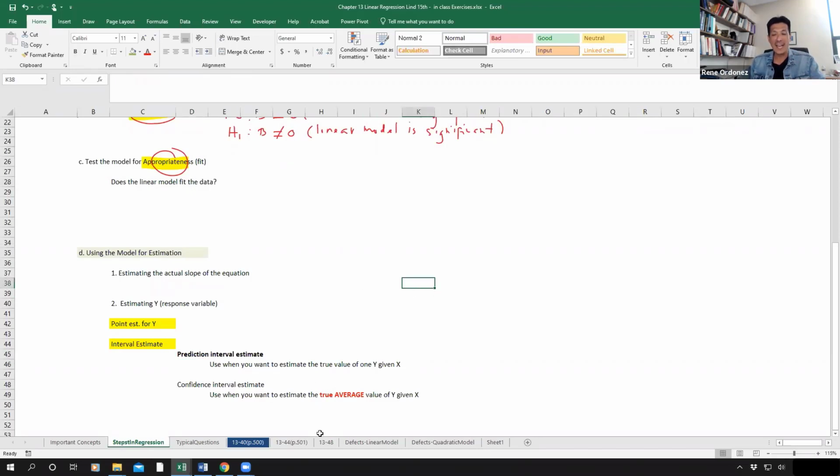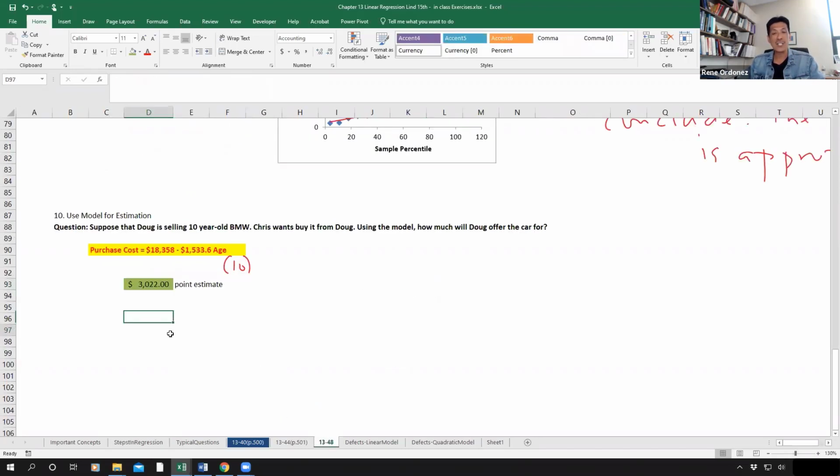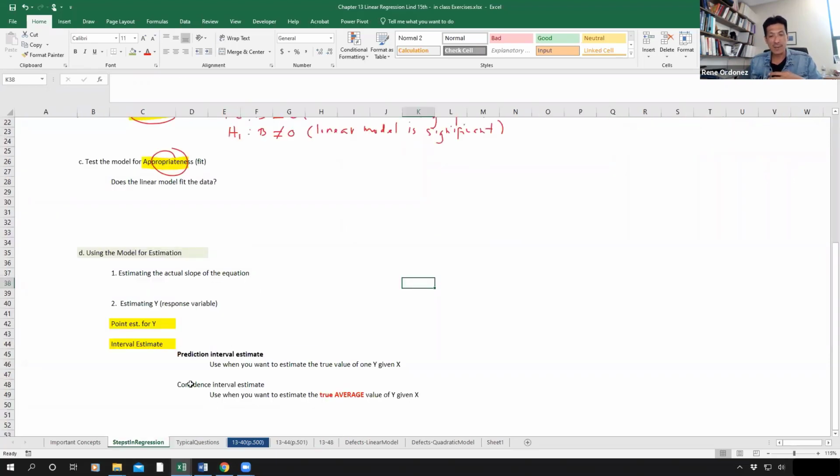On the other hand, if you are interested in, say, you have a group of, I'm stressing the word group, a group of, say, 20 cars who are all 10 years old, all right? The average value or the average cost of those cars is somewhere between, this confidence interval estimate.